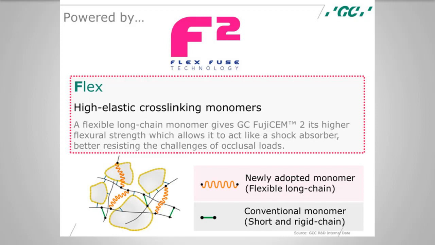When I say this, I mean the glass ionomers as a category, and flexural strength can be an issue. You saw this particular patient with the wear on the opposing crown and bridge. He can get those muscles going pretty good. So this material acts like a shock absorber.